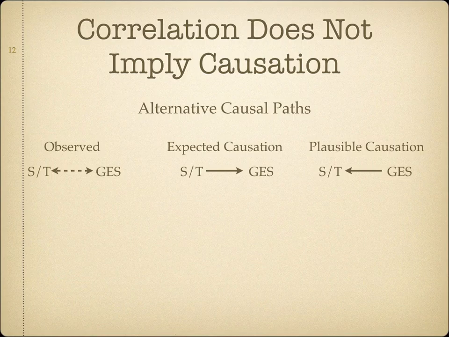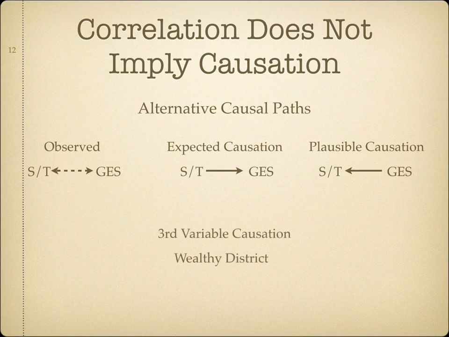And as you can see, the construct validity of that measure gives us an insight into the possibility that this relatively unlikely but still plausible correlation of grade equivalent scores causing student to teacher ratio to go up is there.